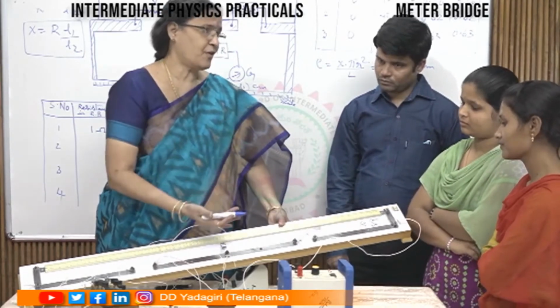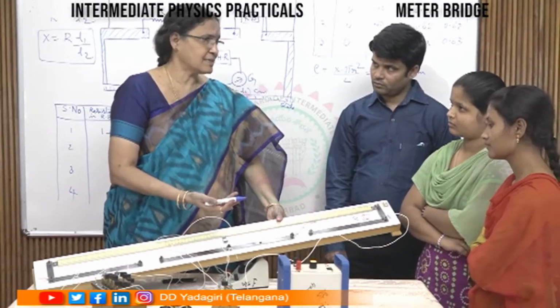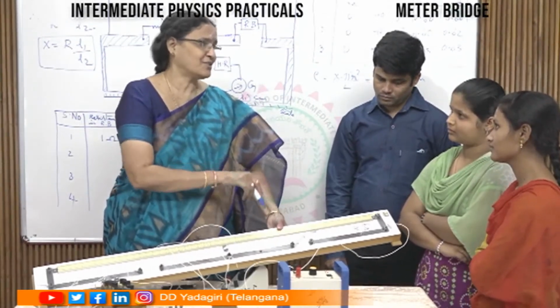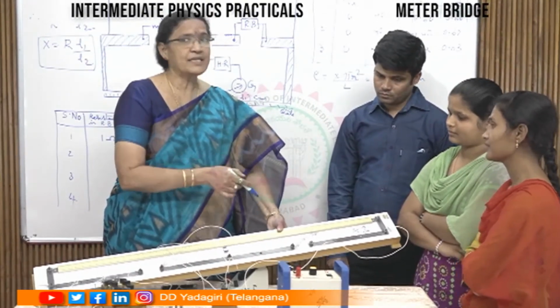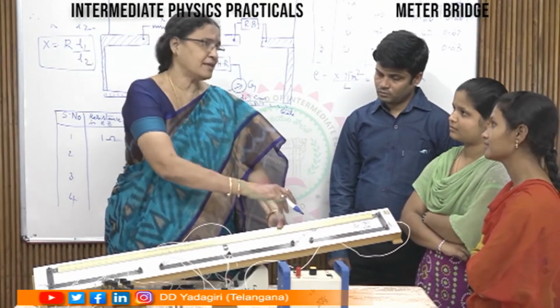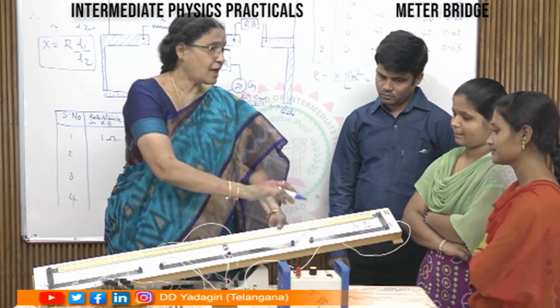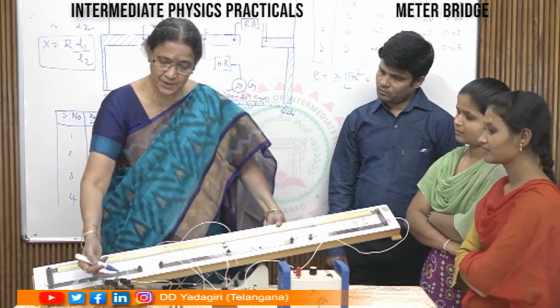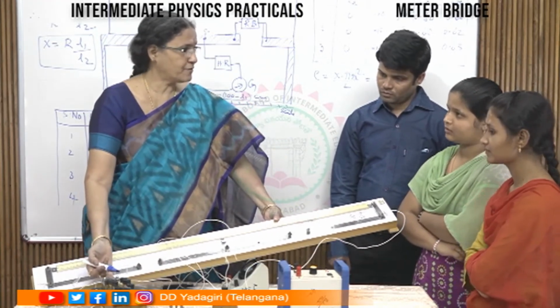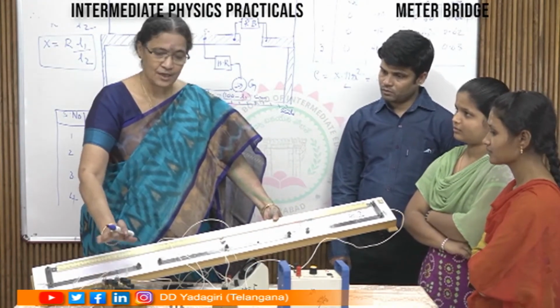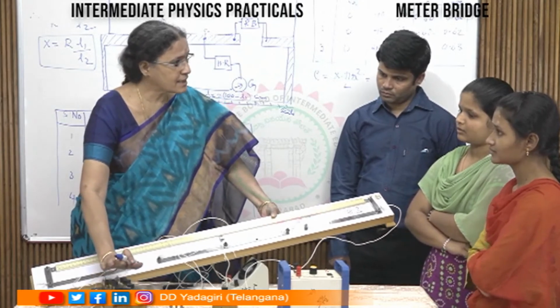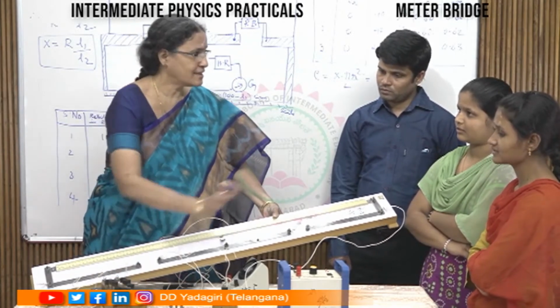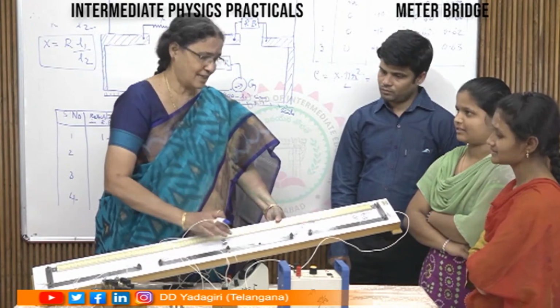In order to find the specific resistance, first I should know the resistance of this given wire. So my first attempt is to find the resistance of this wire. This is the unknown resistance, but I'm sure how much resistance I'm applying from the resistance box. So this is the known resistance, and this is the unknown resistance.